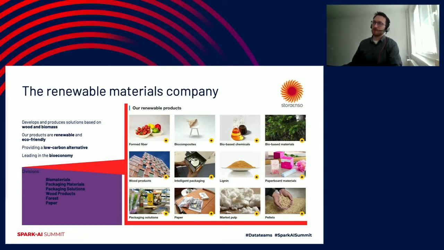The renewable materials company has its reason, and its reason is that all we produce is based on wood. It can range from wood constructed buildings to simple packaging solutions for food or whatever you can imagine.